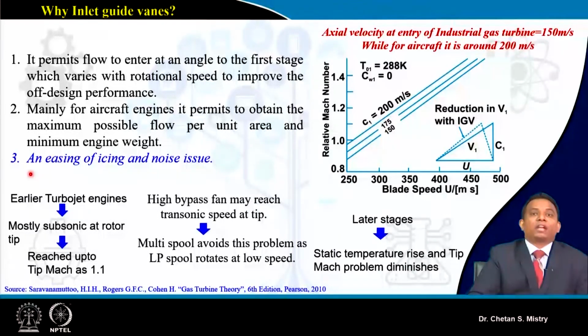So these inlet guide vanes are provided with some heaters, which take care of avoiding the ingestion of ice particles inside the rotor, inside the engine. It also takes care of noise generated by the rotation of your fan, or maybe your LP compressor. So these are all the purposes for which inlet guide vanes are used.